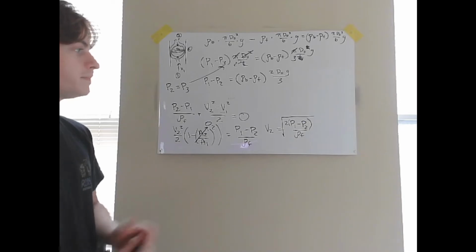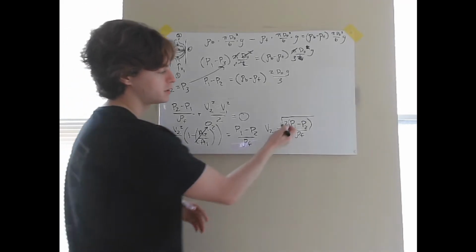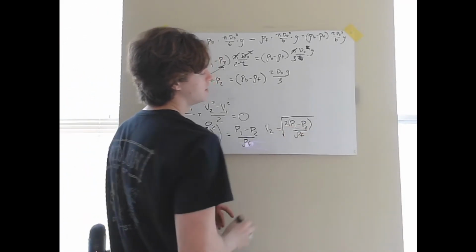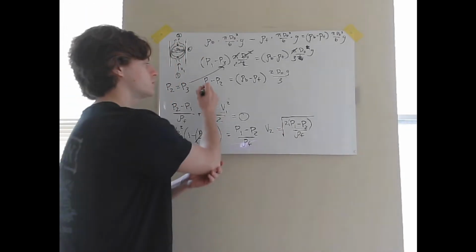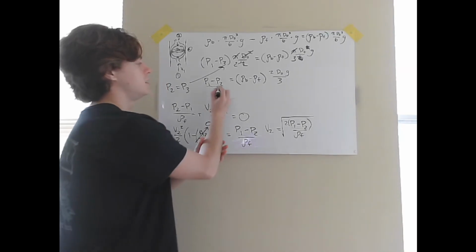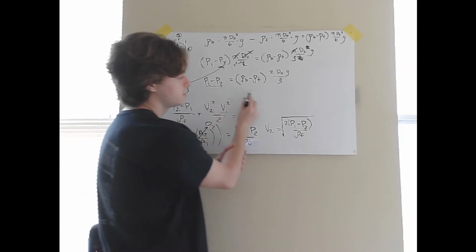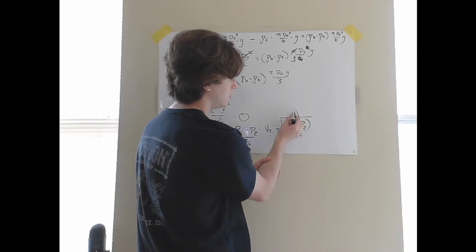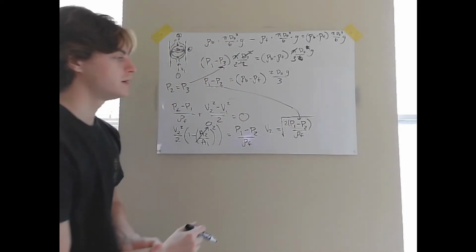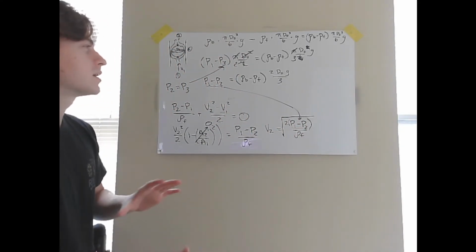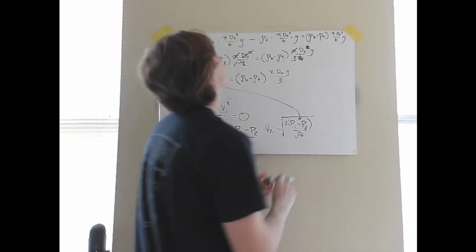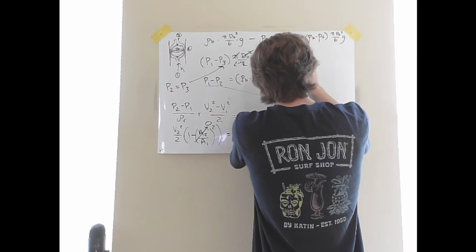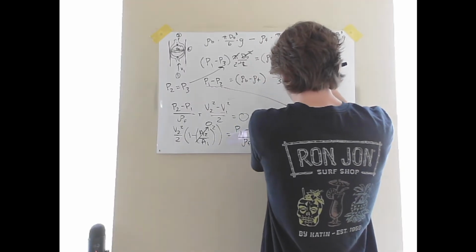From here, you'll notice we have this term, our pressure at position 1 minus the pressure at position 2, and we also have the term again up here in our force balance equation. So we can plug this in here. I'm going to write that off to the side because we'll use it again later.